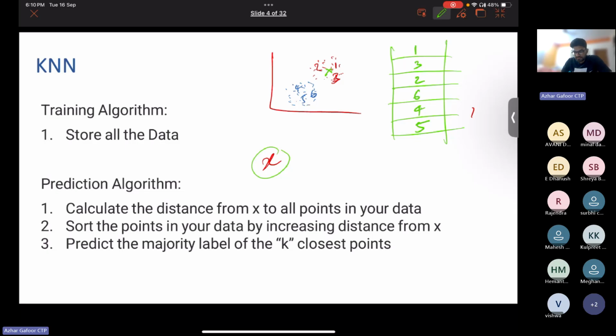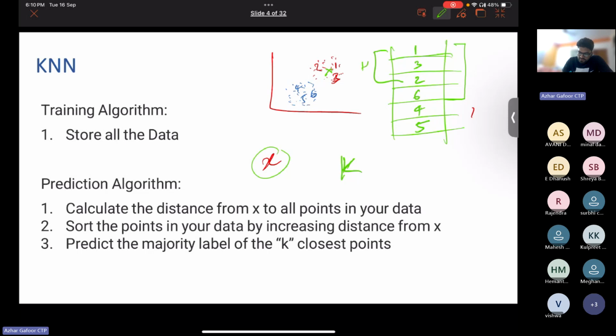Now what our model does is, we have to give the number k to the model. That is how many nearest neighbors it should consider. Once the sorting is done, let's say I choose 3 or let's say I choose 4. If you choose 4, then we take these 4 distances and see which class they belong to.